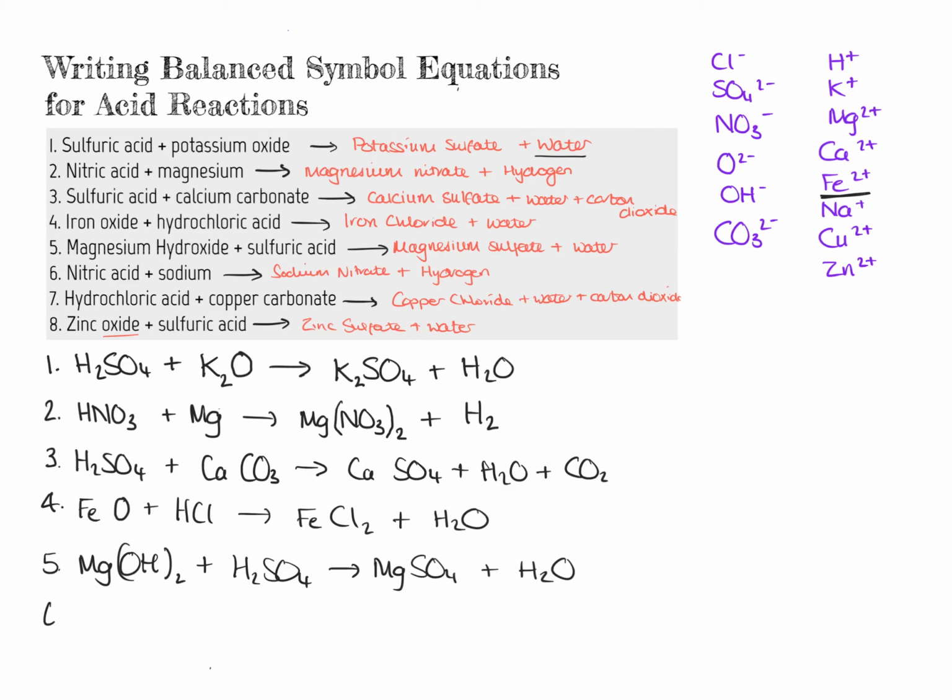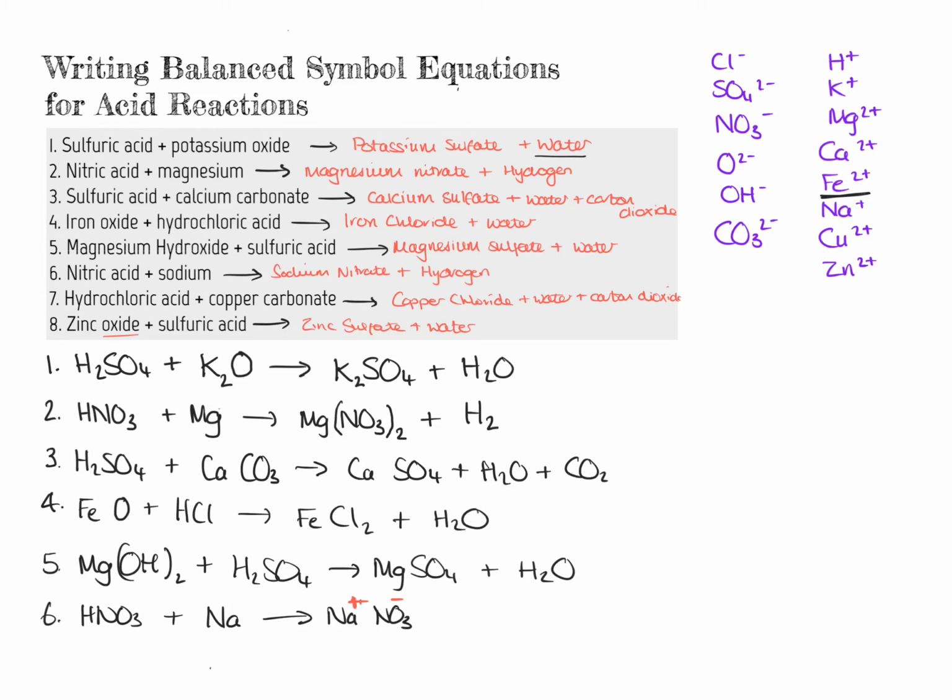Number 6, nitric acid, HNO3, plus sodium, which is just Na, makes sodium nitrate. So Na, sodium, is a 1+ ion, and nitrate, NO3, is a 1- ion.